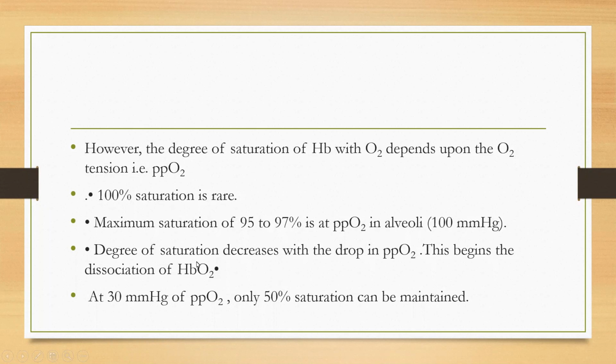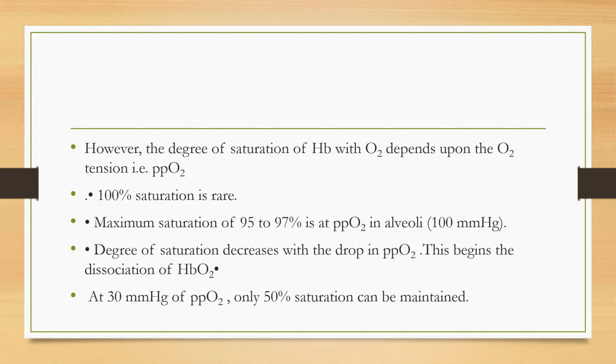But when the partial pressure of oxygen decreases, where will it decrease? While going towards the cells. When this oxyhemoglobin goes towards the cells, as I said, cells carry out metabolic processes and give out carbon dioxide, so the partial pressure of carbon dioxide in the cell is high, whereas the partial pressure of oxygen in the cell is low.